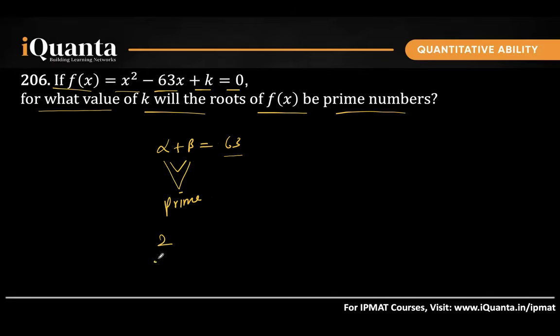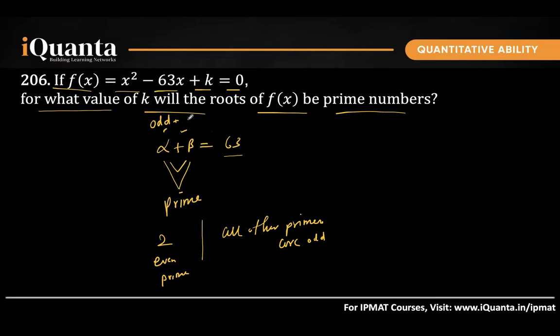So 2 is the only even prime, and you know that all other primes are odd. So can alpha, beta both be odd? No. If they are both odd, odd plus odd will be an even number.